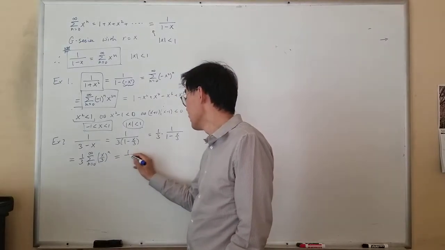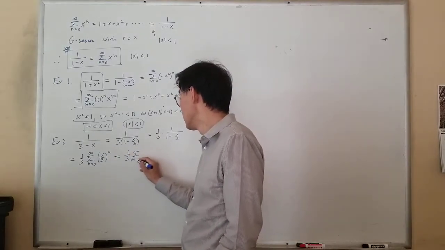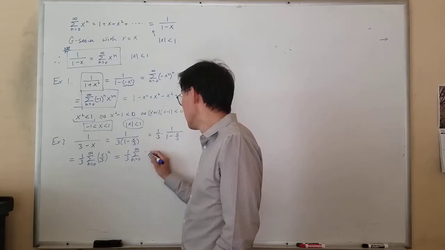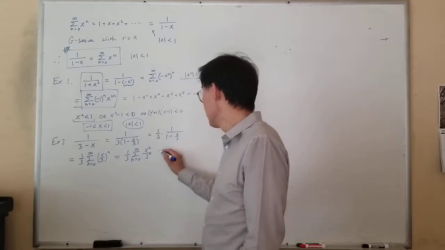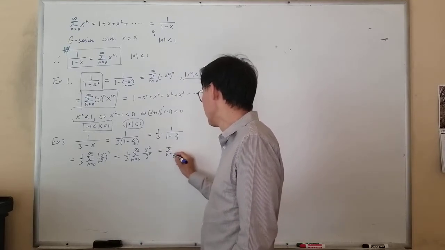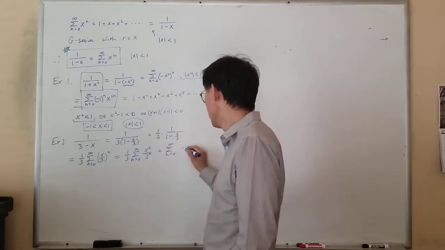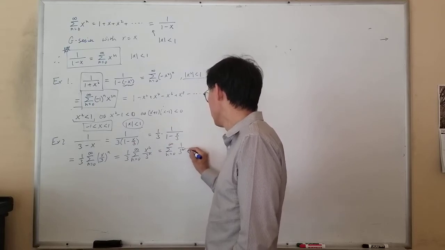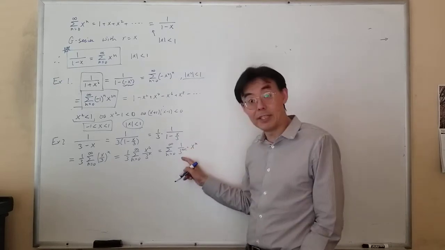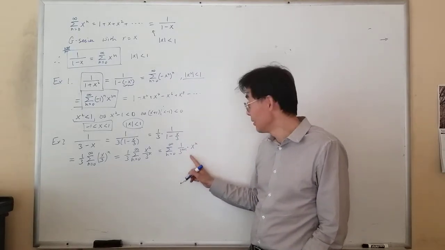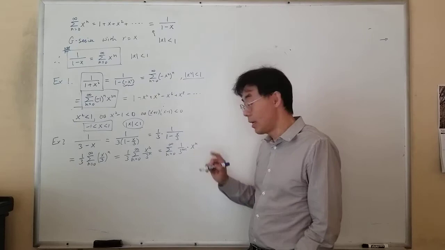Or you can write it as x to the nth over 3 to the nth. Probably the most appropriate form is 1 over 3 to the n plus 1 times x to the n. This is the so-called Cn, the coefficient of x to the nth.